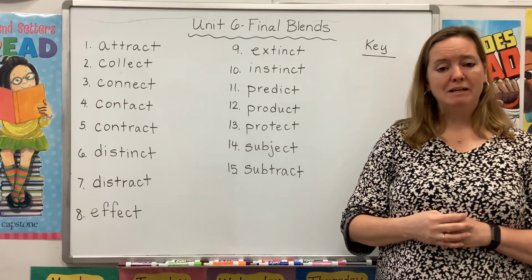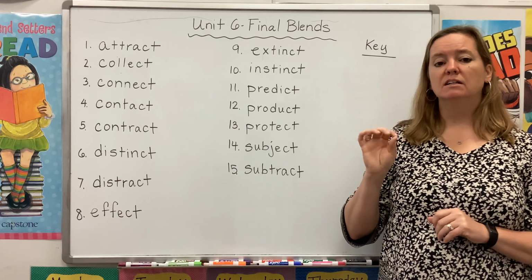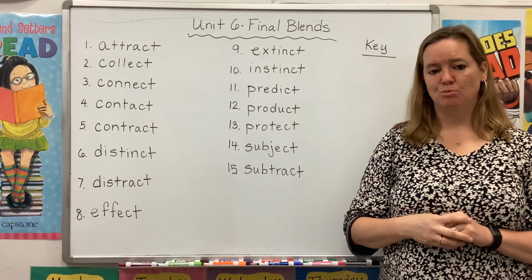So I want to make sure you're solid on these before we move on. All right, so please repeat after me, and as you do, listen for that kt or nkt sound at the end of each word. Here we go.